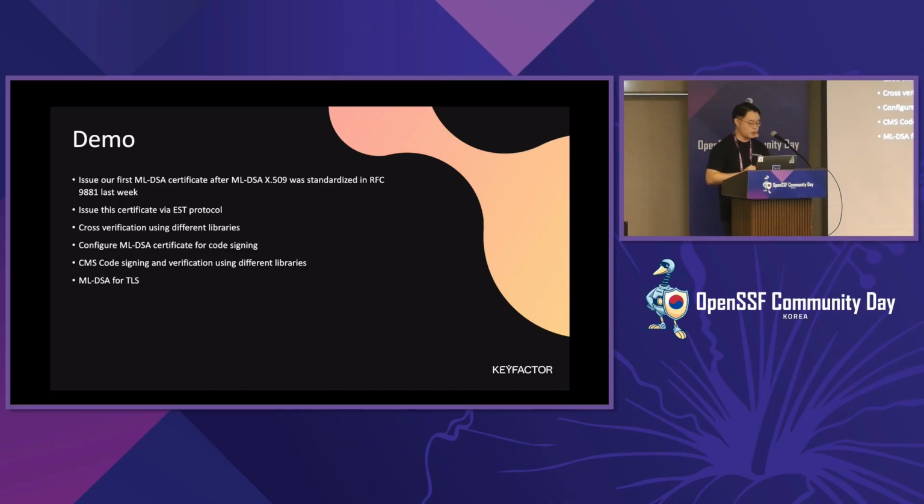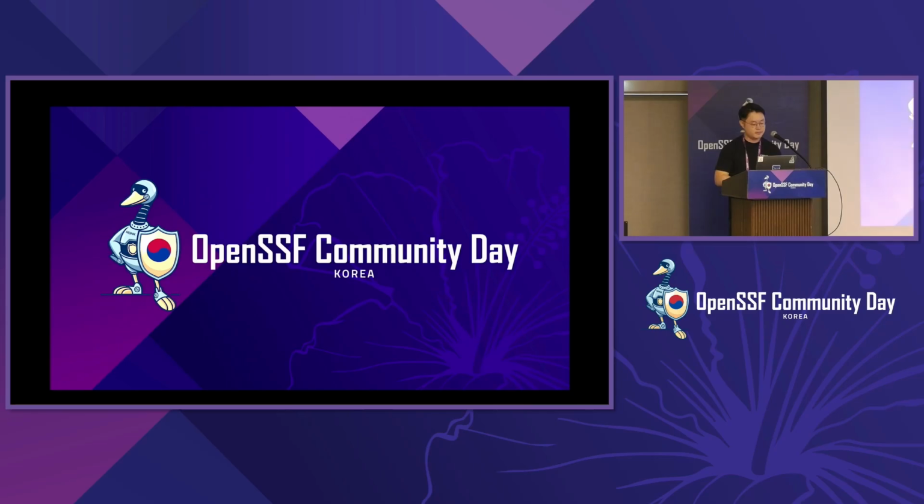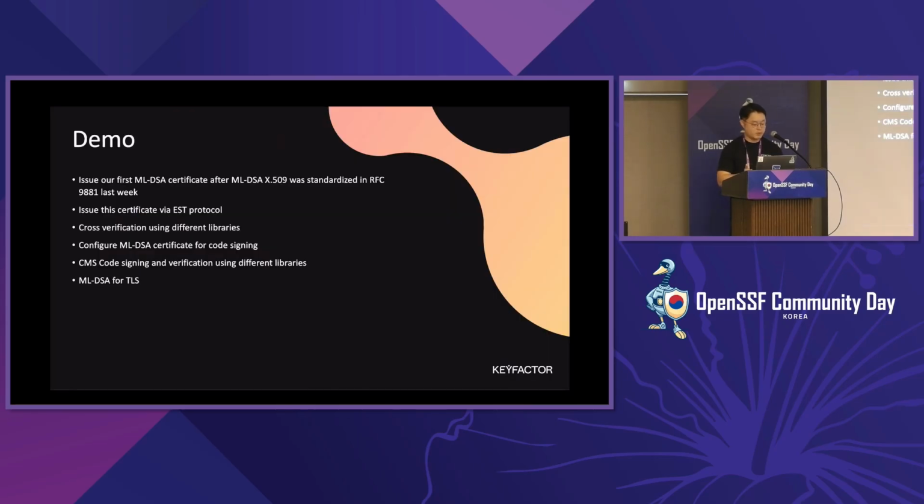Okay, so for the demo, I'm going to issue my first, not my first, I've probably done a lot of testing. You've probably seen ML-DSA certificates after the standardization publication in RFC 9881 last week. We're also going to interact with the EST protocol and issue certs using EST automatically.